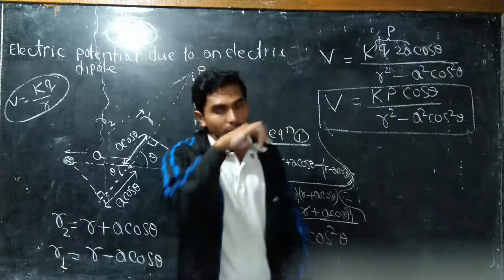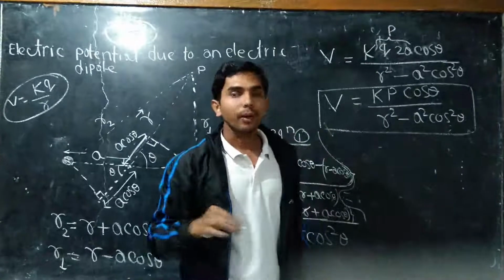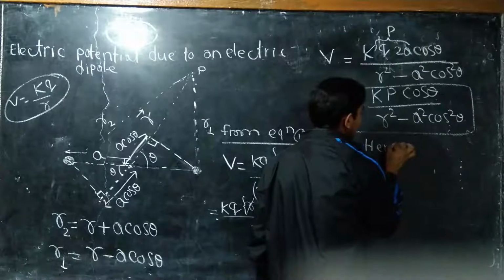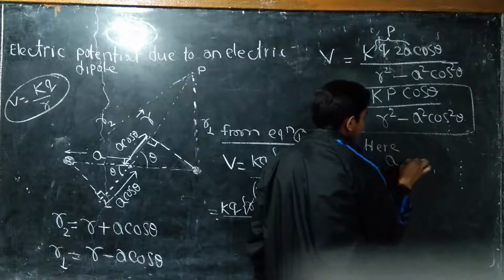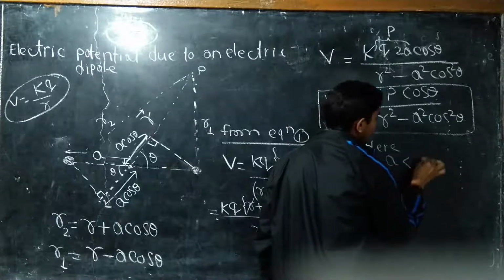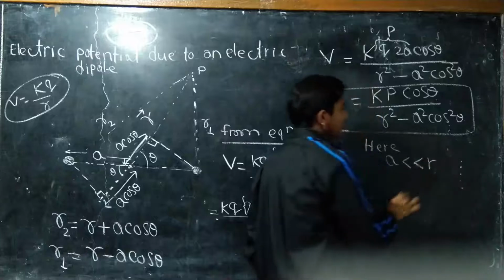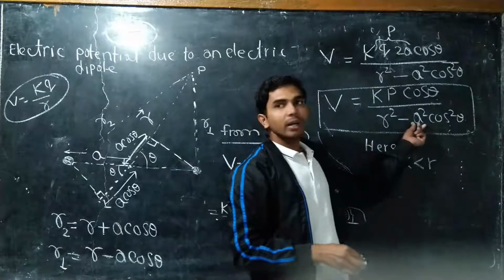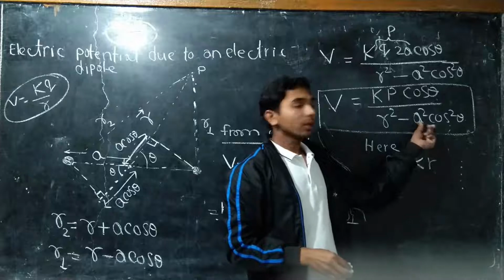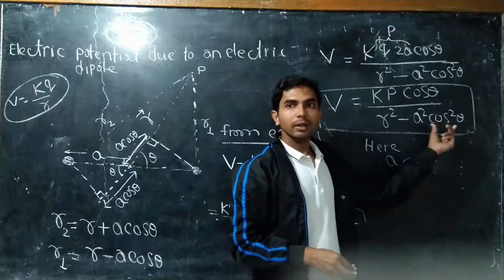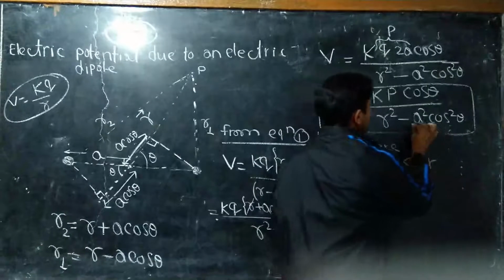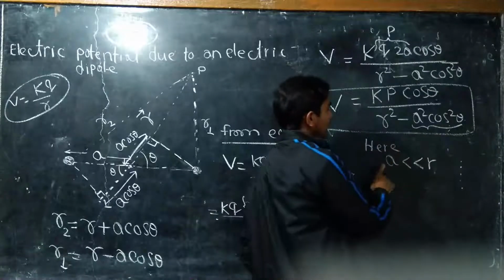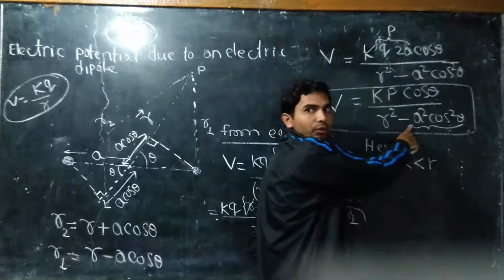Now, generally it is found that A is very much smaller than R. So the A square term is very small, so we are able to neglect this term, because A is very small, so A square is also very small.